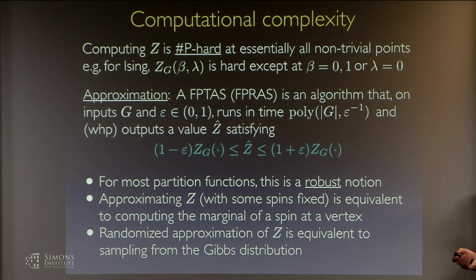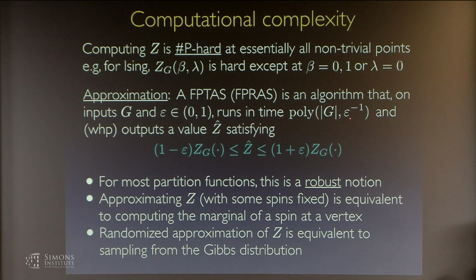And the gold standard here is something called, a horrible acronym, FPTAS or FPRAS. The difference between the T and the R is that R stands for randomized, T just stands for time. So this is a fully polynomial time approximation scheme, fully polynomial time randomized approximation scheme. These are algorithms that approximate Z about as well as you can expect. You give them the input of the graph.